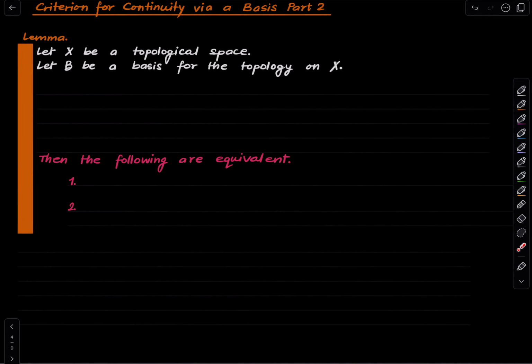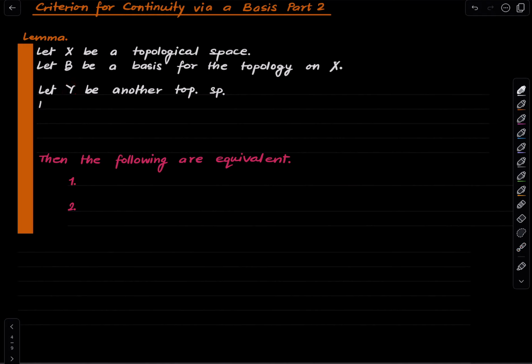Okay, so this time we again have a topological space X, and we have a basis for the topology on X. The meaning of it we have discussed in the previous slide. And let Y be another topological space. When I say another, I don't necessarily mean different from X. It could be the same as X. I just wanted to emphasize that this is one more topological space.